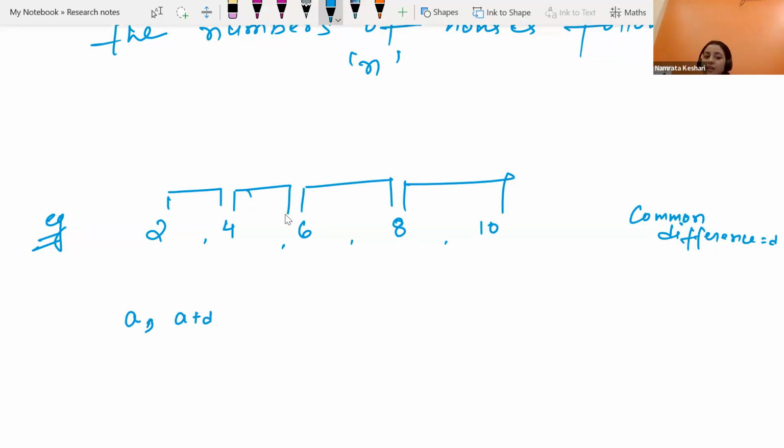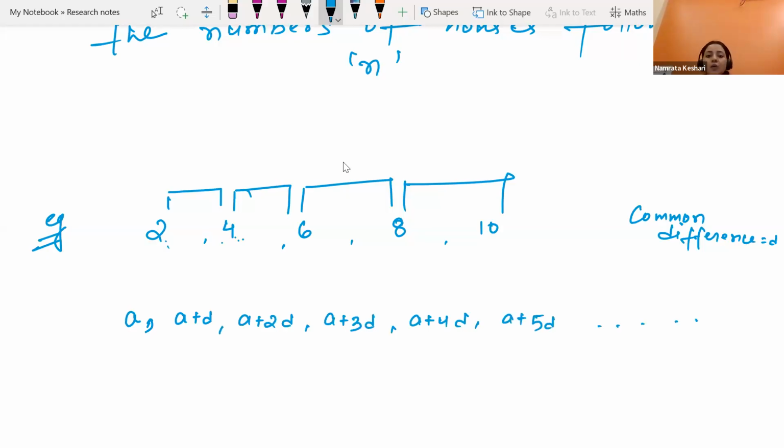Here also you can check it is becoming a plus d, where the common difference d is 2 and a is 2. Next term is a plus 2d, next a plus 3d, next a plus 4d, next a plus 5d. Like that, it will just keep on going.